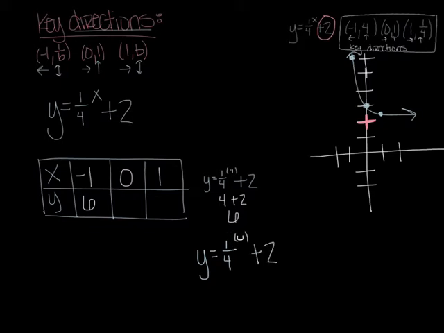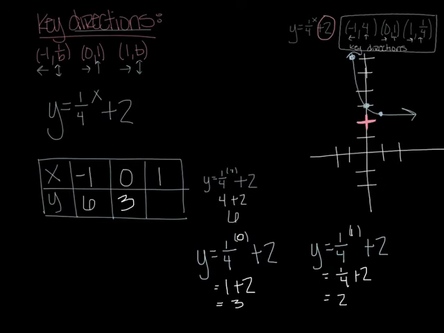This time x will be 0. 1/4 to the 0 is 1, and 1 plus 2 is 3. So when x is 0, y is 3. Last one, y equals 1/4 to the x plus 2. This time the x value is 1. 1/4 to the 1 is 1/4. Bring down the plus 2. So we would get 2 and 1/4.